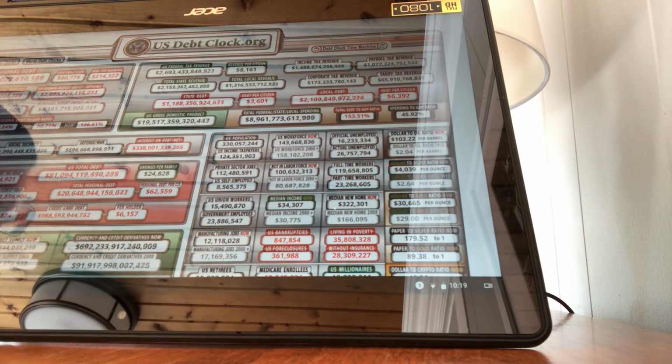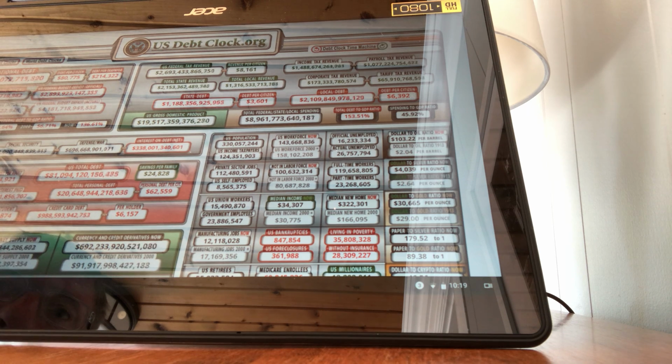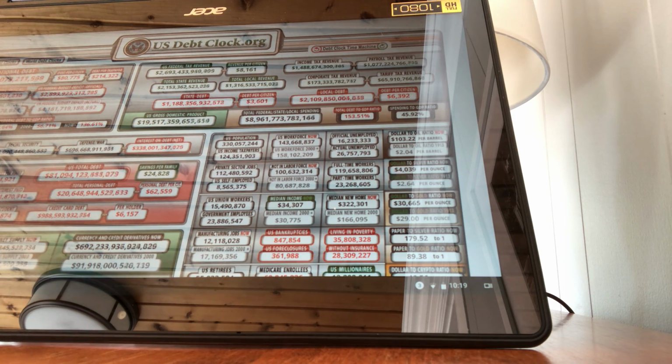To go to the debt clock, you can just search debt clock on Google, and you'll see it pop up, and then go to that page. When they're talking about the debt clock, they're talking about how much money the United States government owes.